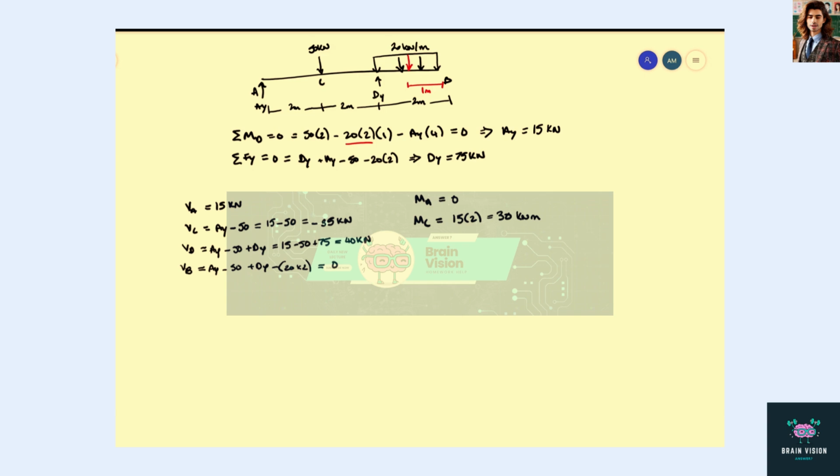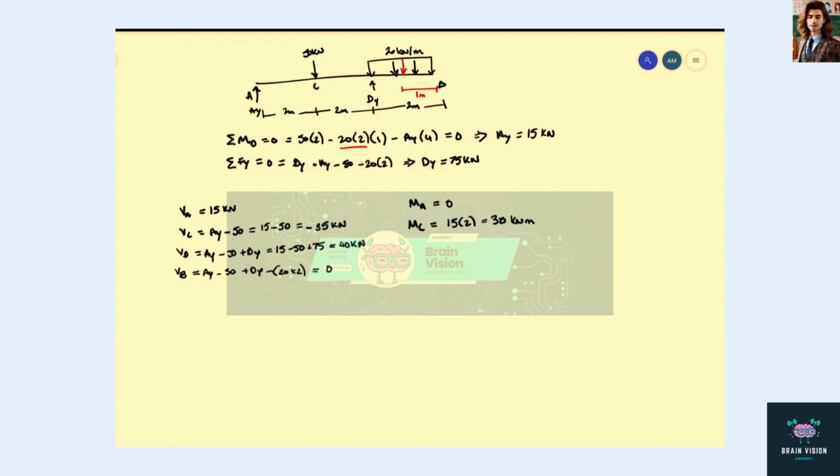And now I'm going to look at the bending moment at C. And at C we have 15 kilonewtons, right? So we're just doing 15 times 2 minus 50 times 2 minus 2. And we get 30 kilonewton meters.